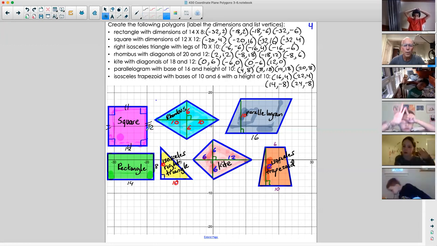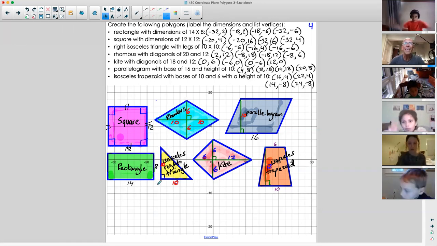Well, a square is a special kind of rectangle. Right, because all squares are rectangles, but a square is a rectangle that has what Jack said, 4 equal sides.